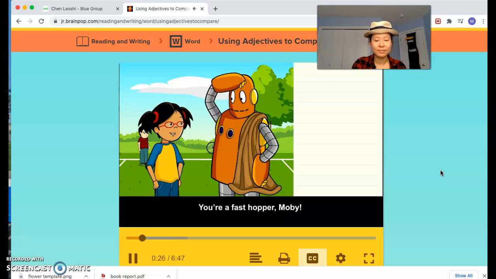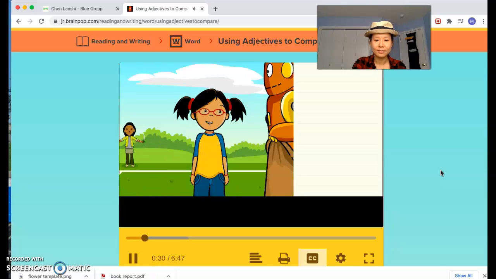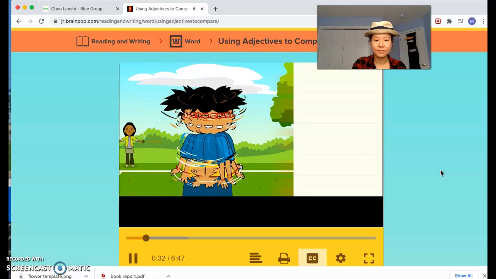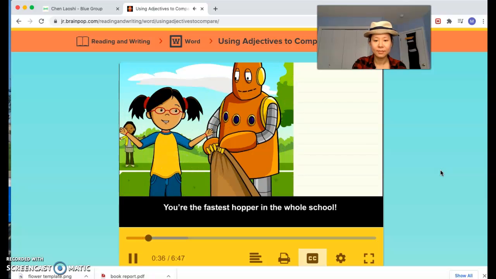You're a fast hopper, Moby. You're a faster hopper than I am. You're the fastest hopper in the whole school.